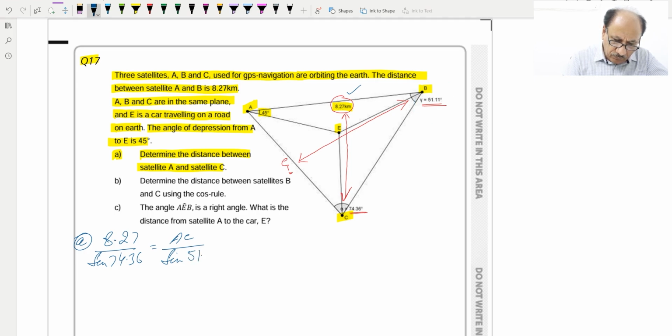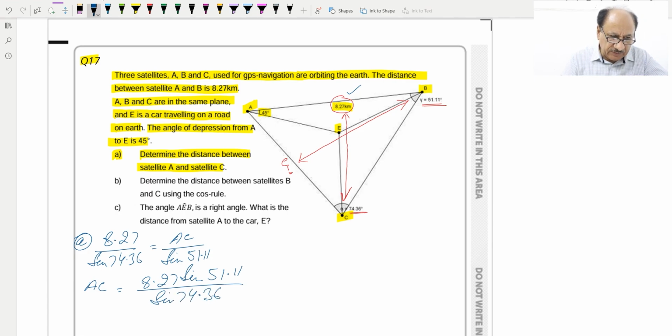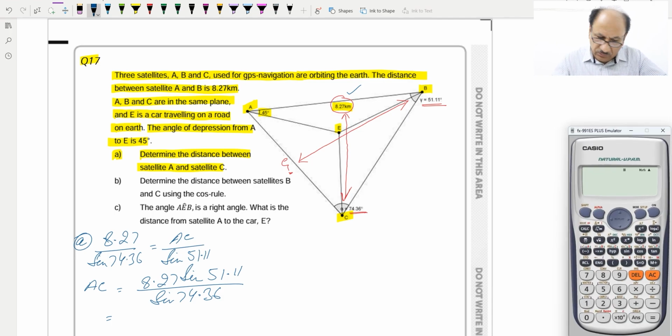This implies AC is equal to 8.27 sine 51.11 divided by sine of 74.36, and this we can calculate.